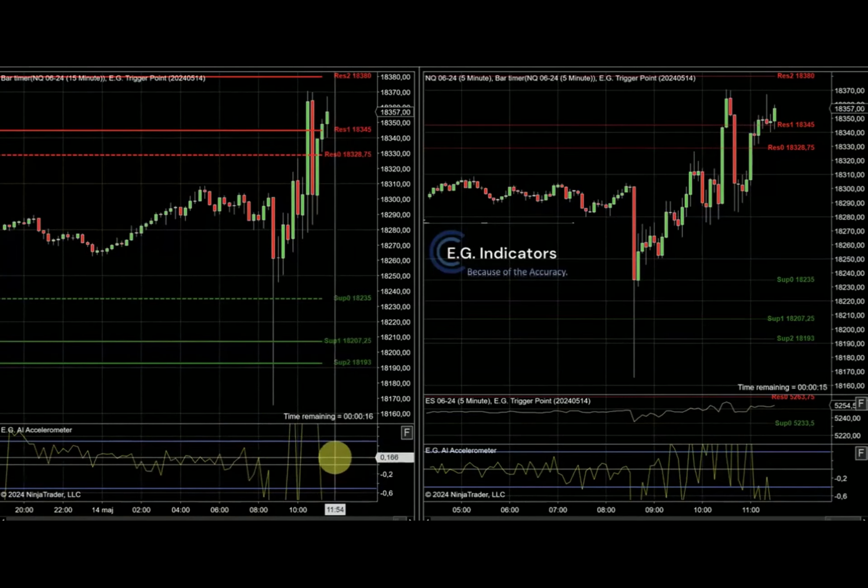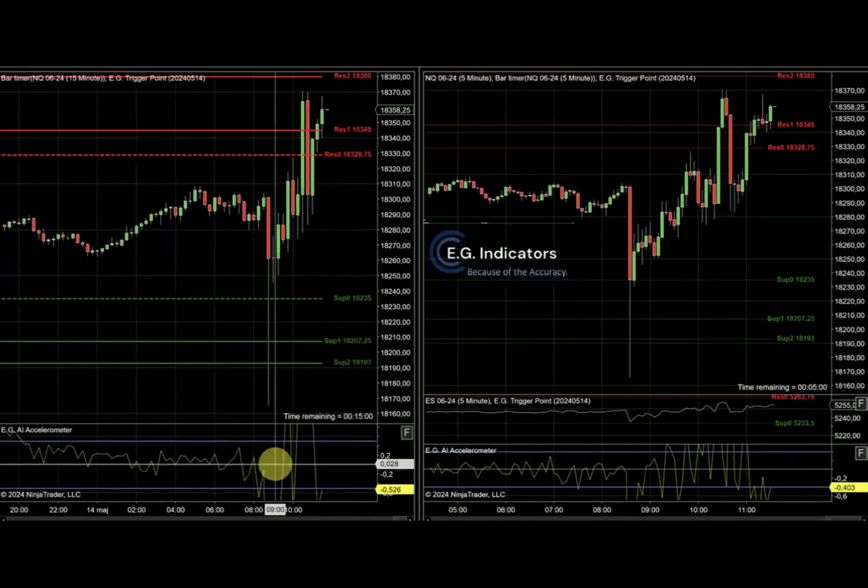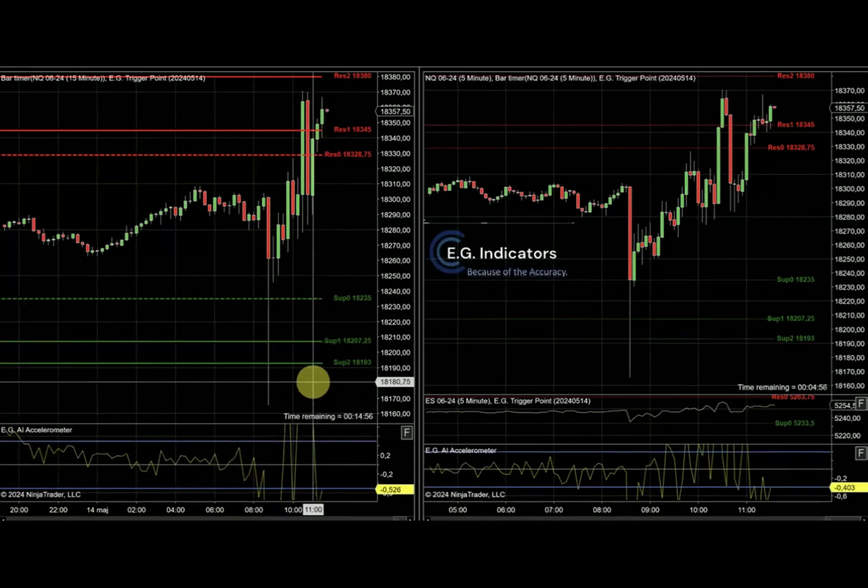But what I'm waiting for is the snake coming back within the thresholds. It has to come back within the thresholds, and taking a look at this carefully informs me if I should take a trade or not.